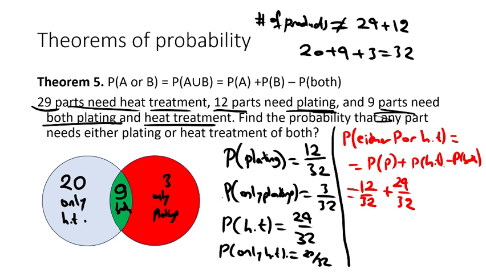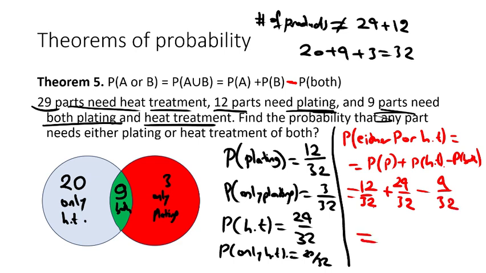When I say 12 by 32, I counted the 9 once, and when I said 29, I counted 9 again. So the formula says to subtract the both. Since I counted twice, if I subtract it, I will get the correct result. That's the logic behind the formula.